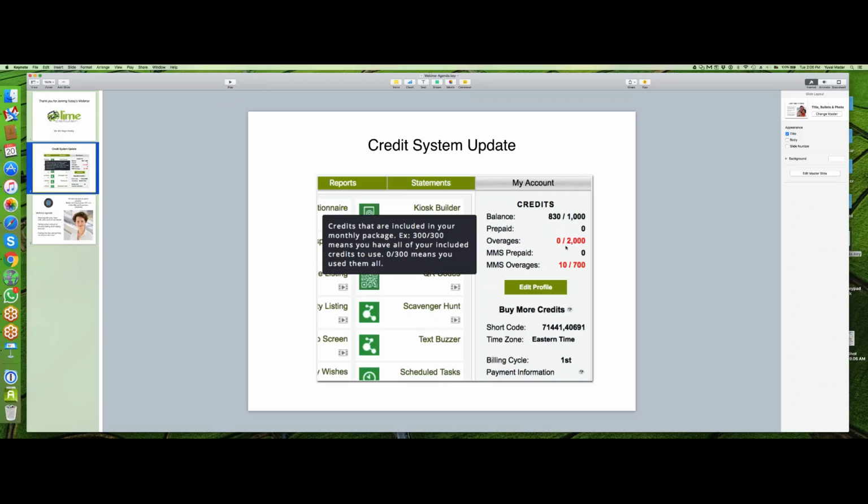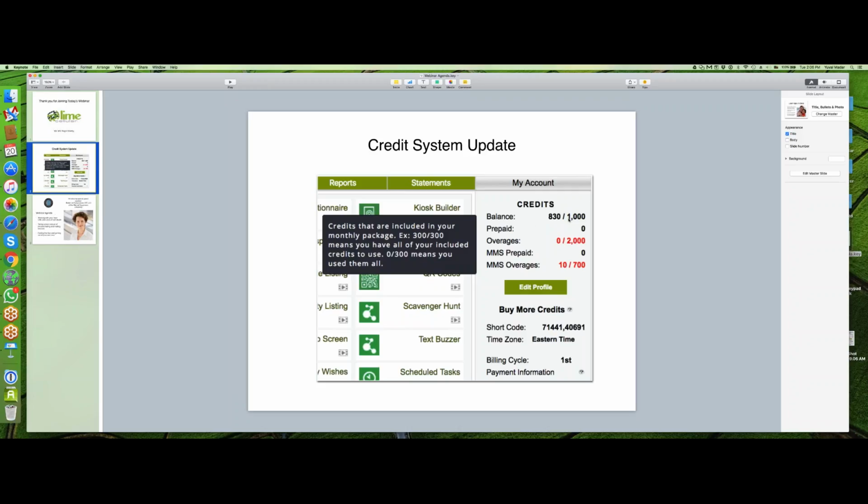Overages will be in red, and it will count up, which means here I still didn't start using my overages, so I used 0 out of 2,000, which is basically my overdraft limit. Overdraft limit 2,000, so it's right in front of the customer and it's clear, and they know what their overdraft limits are on the account.